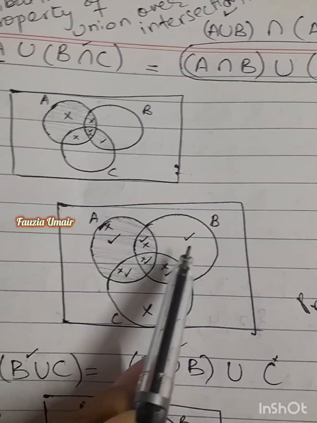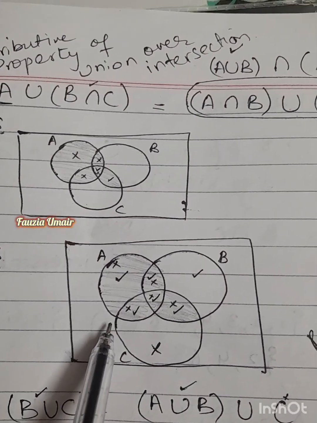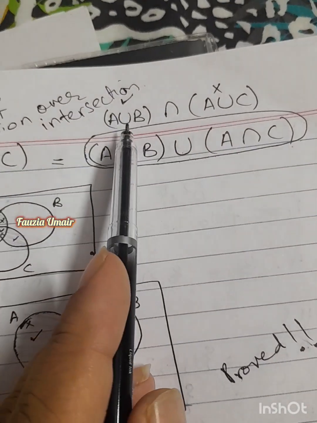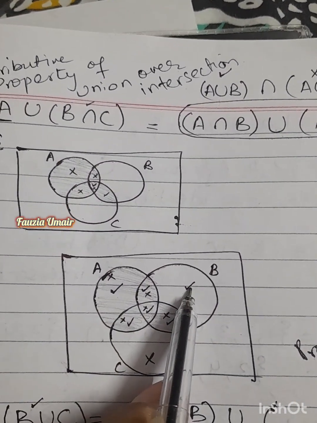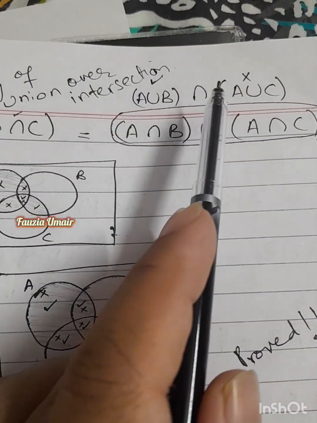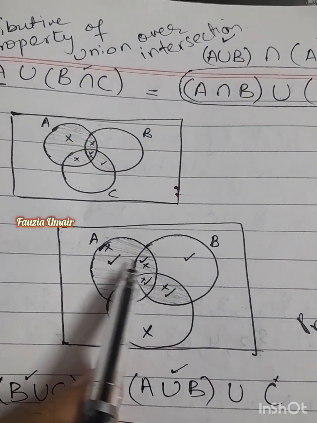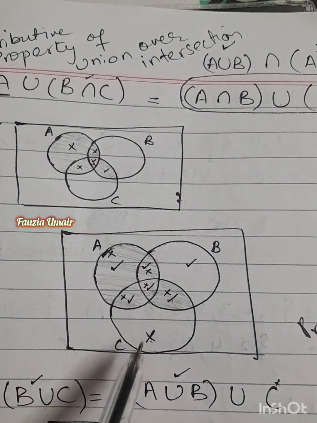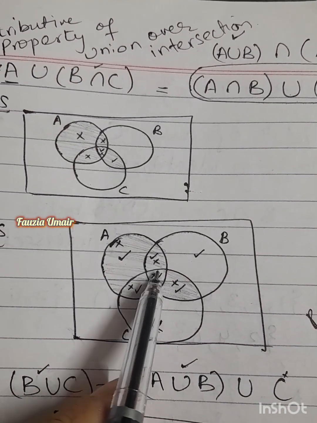Because you need to take intersection, only the areas where both symbols are there would be shaded. So you can see I have shaded the areas where both symbols are there because it is intersection. So 5 areas are shaded out of 7. So it is the same shading as the left hand side. So hence we have proved this part also.